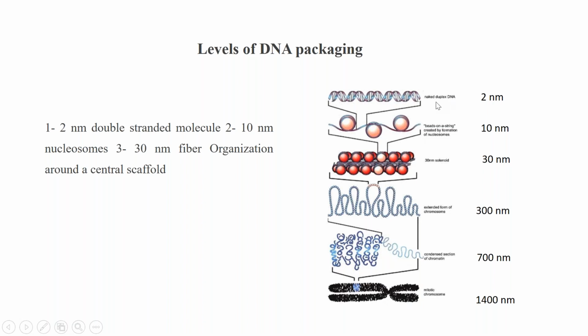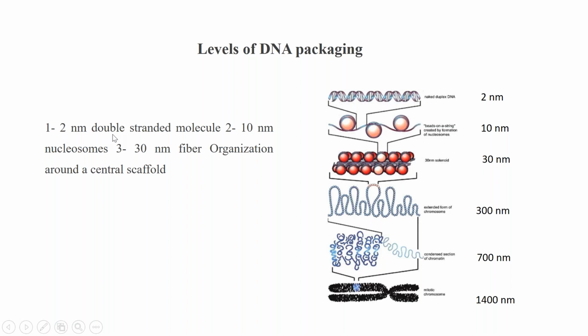So naked duplex DNA, present as beads on a string created by the formation of nucleosomes, is then more compressed into a 30 nanometer solenoid, which extends to form a chromosome, and then gets more condensed and forms a mitotic chromosome.